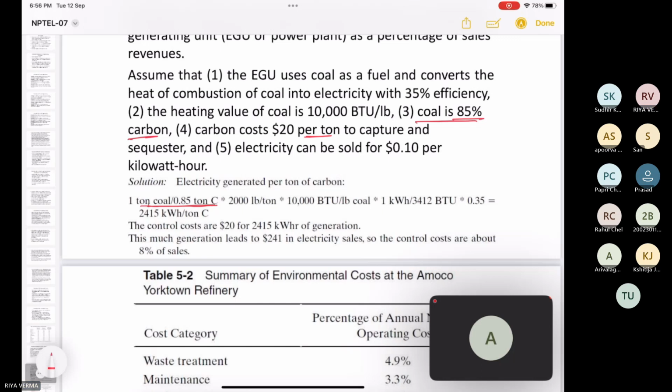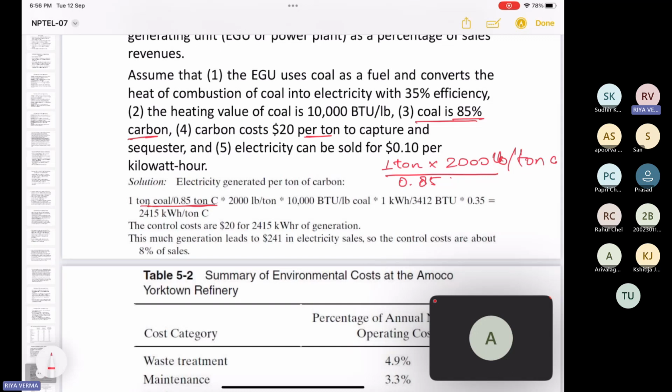So what we did is we multiplied one ton by 2,000 pounds per ton, times 0.85 for the carbon fraction. And this is multiplied by the heating value of coal, 10,000 BTU per pound.